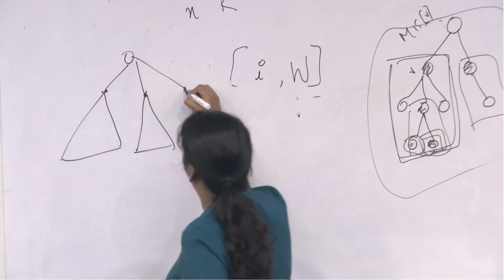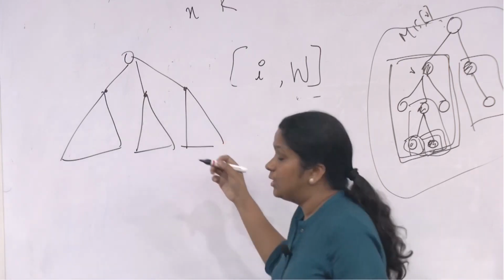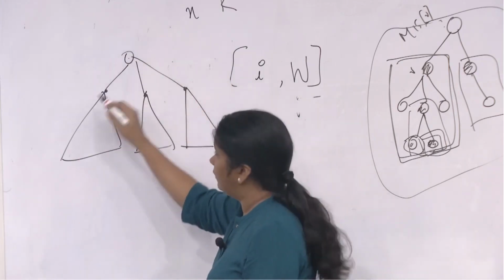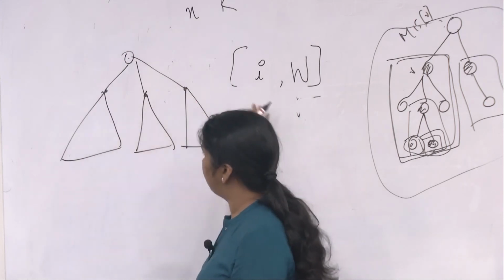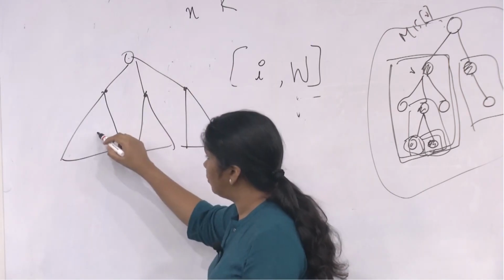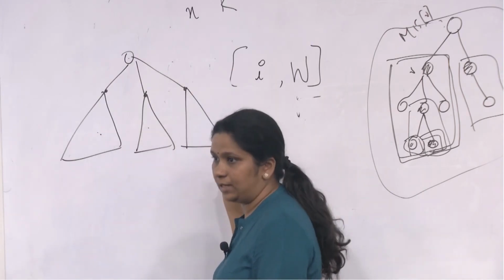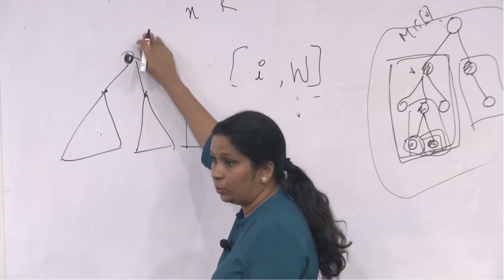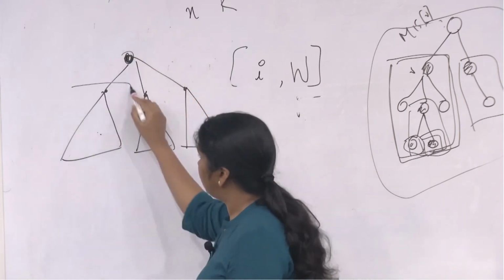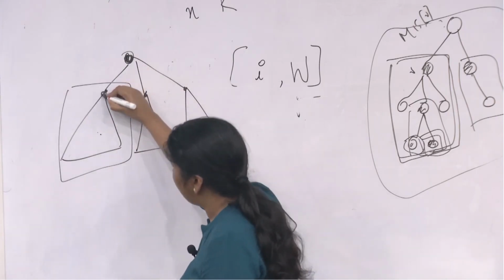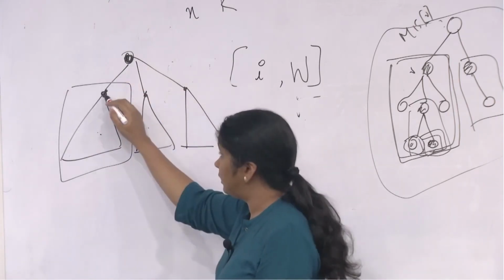Let's say this is your tree. If the solution does not contain the root, then the solution for this entire tree is the sum of the solutions for this, this, and this. That is clear to you, right? If the solution contains the root node, you cannot take the maximum independent set of this, because that might contain this node.